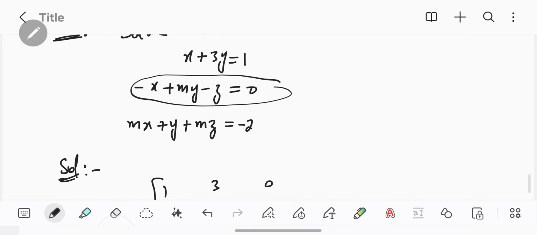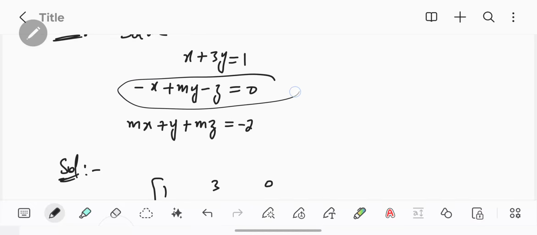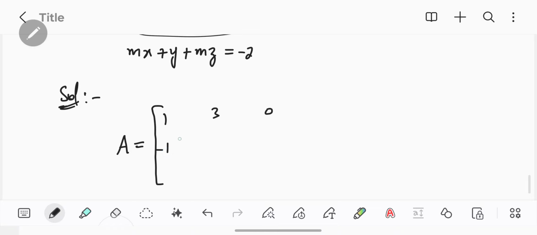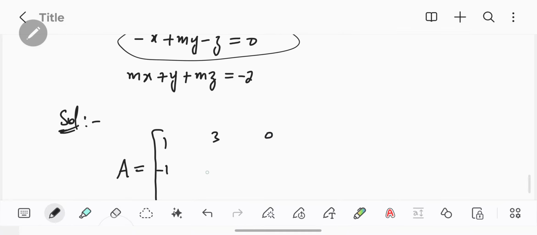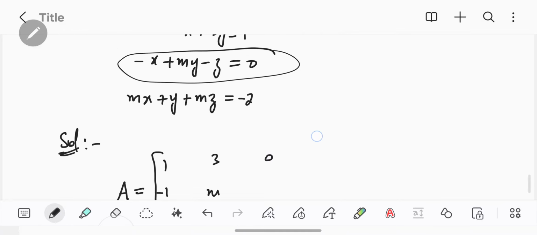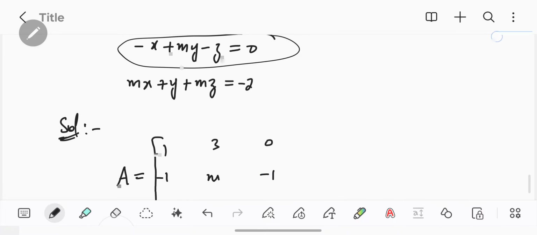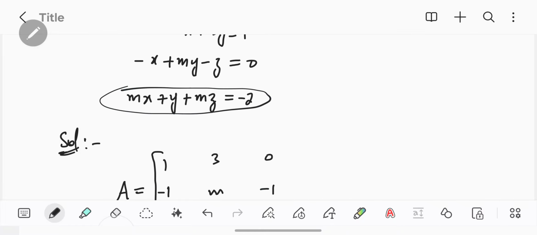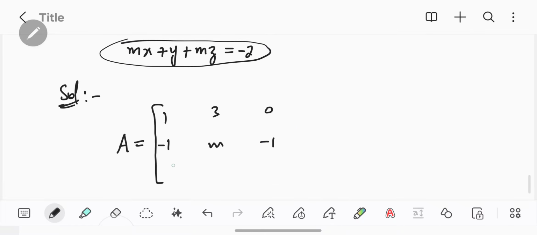And come to this equation, the coefficient of x is minus 1, so I will write minus 1 here. And the coefficient of y is m. Coefficient of z is minus 1. Then we will move towards the last equation in which the coefficient of x is m, the coefficient of y is 1, the coefficient of z is m. So this is your matrix A.